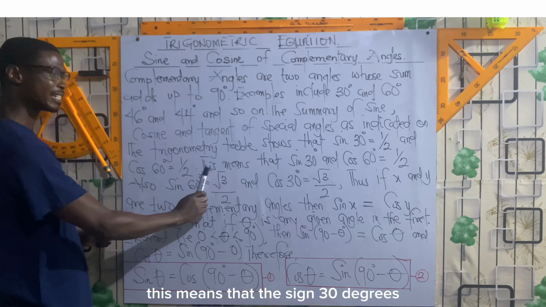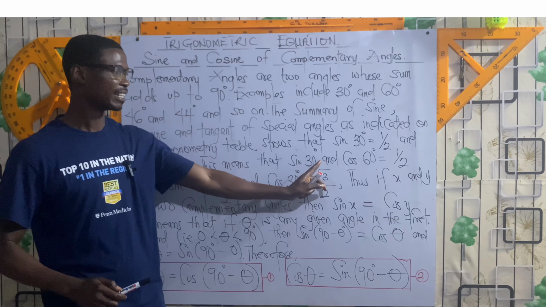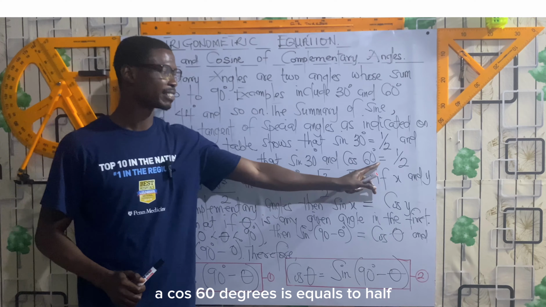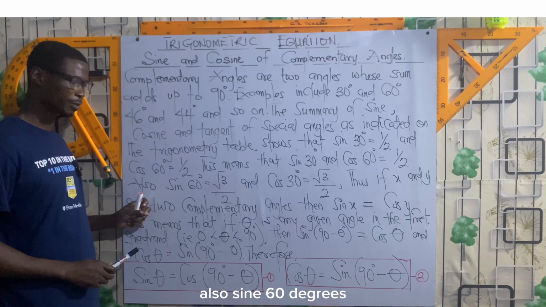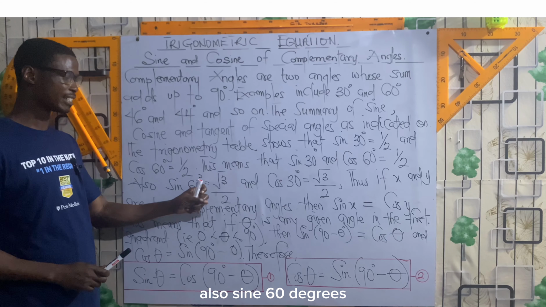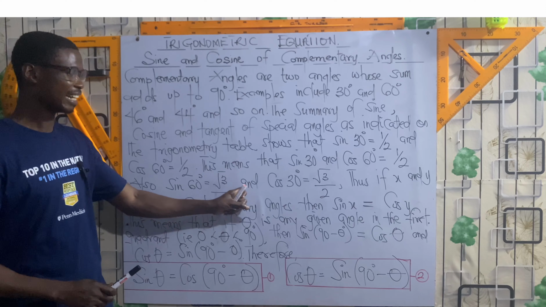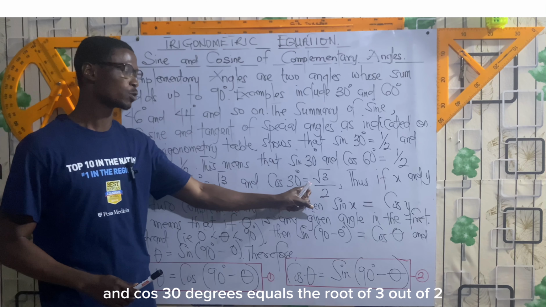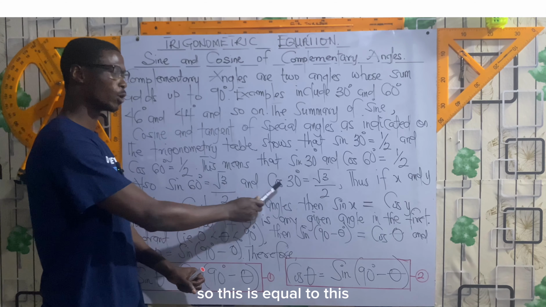This means that sine 30 degrees and cos 60 degrees are equal to half. Also, sine 60 degrees is equal to root 3 over 2, and cos 30 degrees equals root 3 over 2. So this is equal to this.